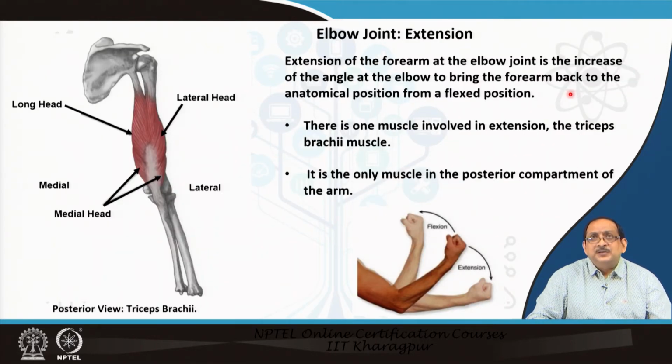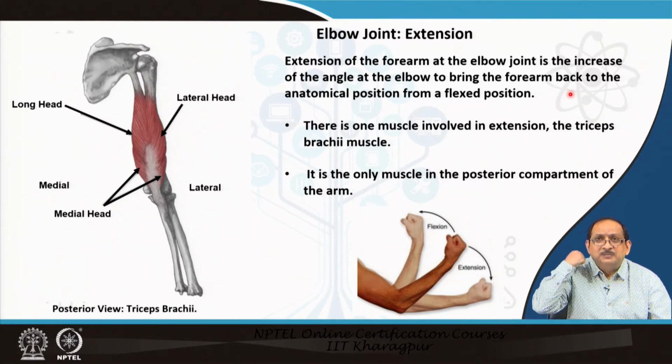The elbow extension, on the other hand, is the extension of the forearm at the elbow joint. This is basically a movement which involves increase of the angle at the elbow to bring the forearm back to the anatomical position from a flexed position.